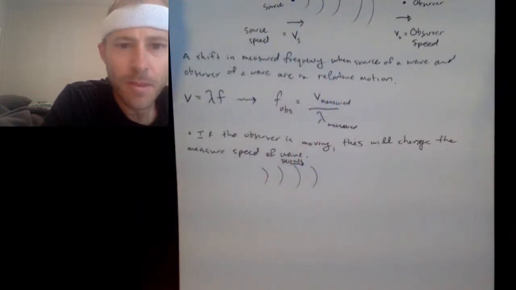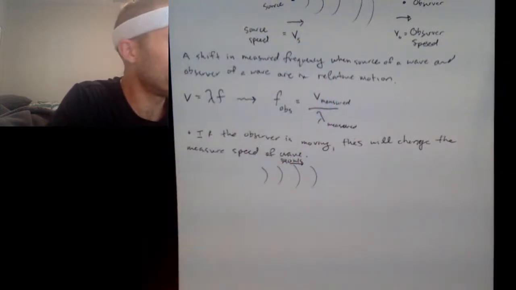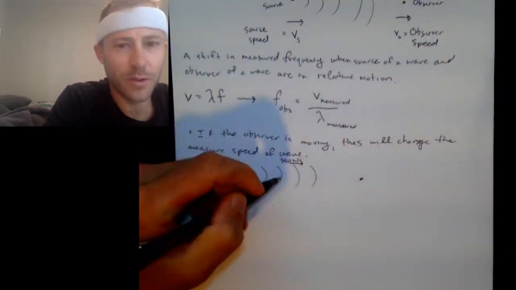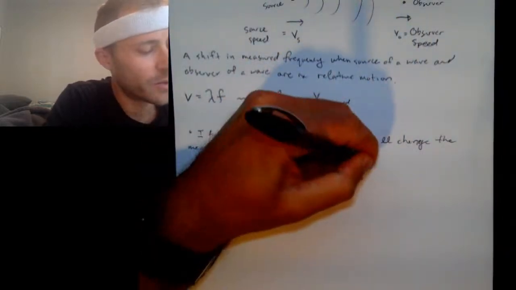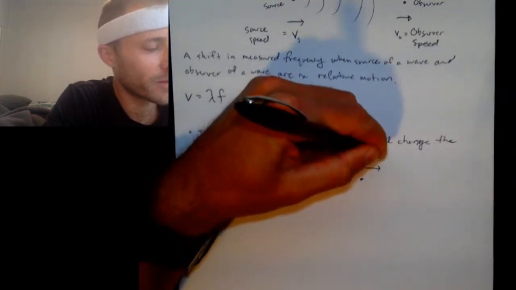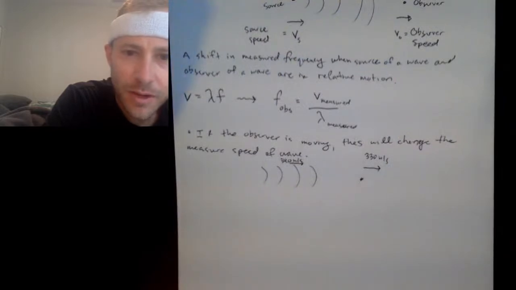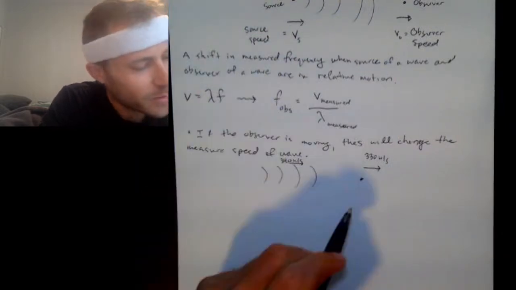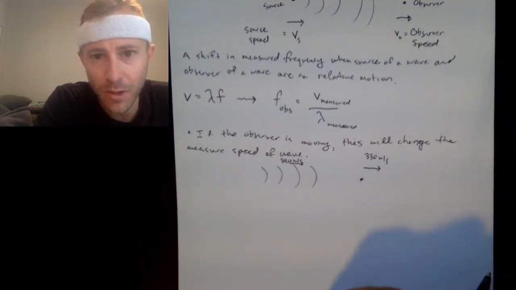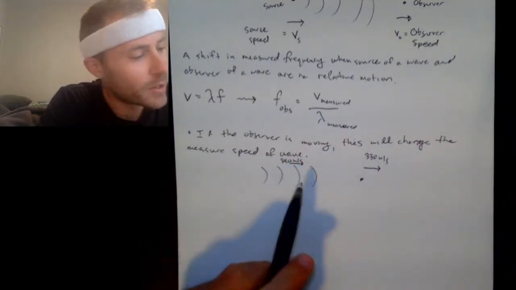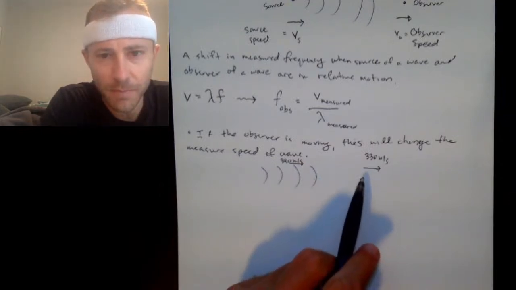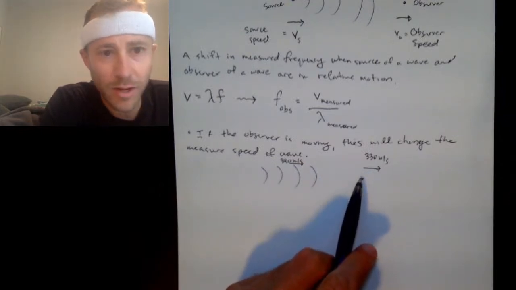What if the observer of this sound wave is moving this way at 330 meters per second? Basically, the observer is trying to run away from the wave, and they are almost succeeding. Because of this relative motion, this person is running away from the wave.